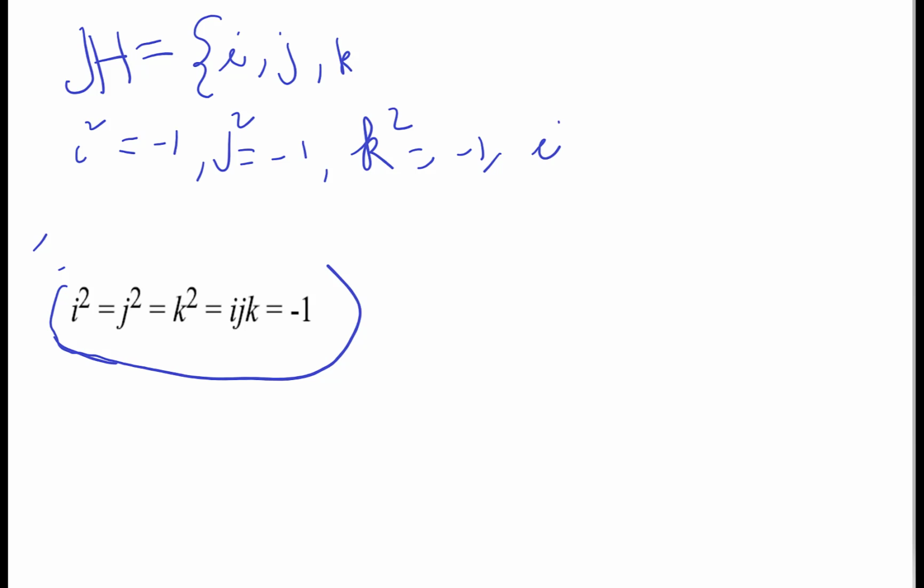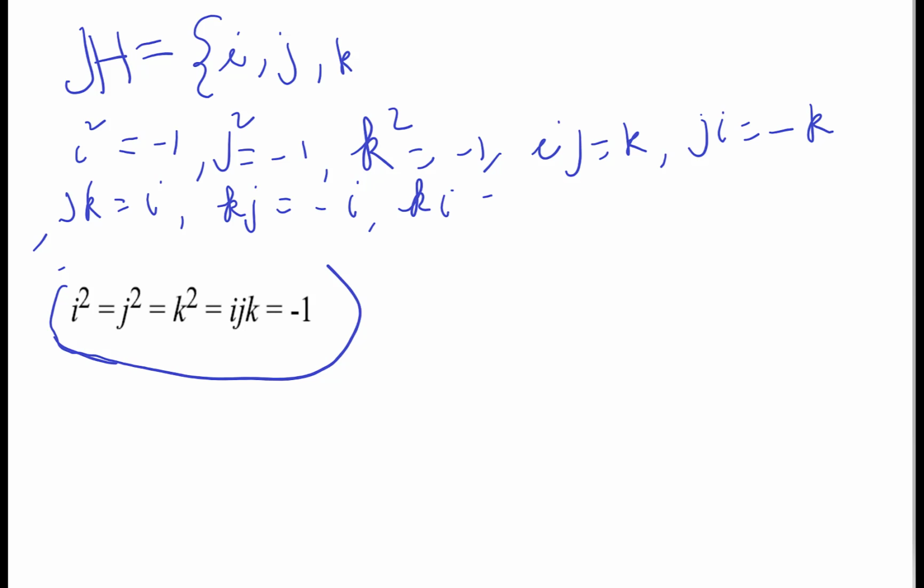And here what you have is ij is k, ji is -k, and jk is i, kj is -i, and then ki is j, and ik is -j.